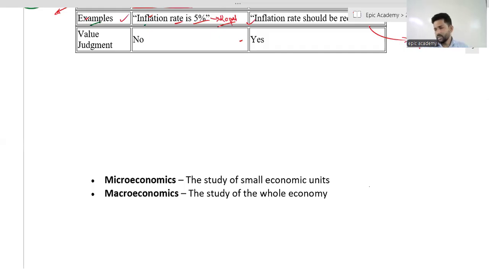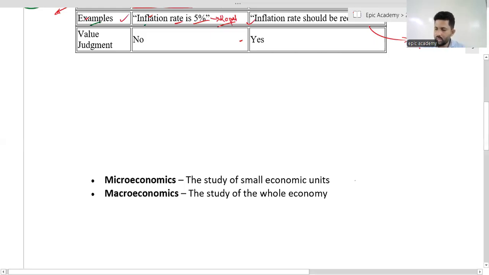If you are going to study economics related to any kind of things, this economics can be divided into two branches, two categories. First one is microeconomics.